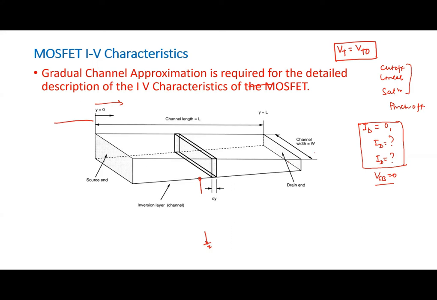This is your source end, this is your drain end. Again, tapering is there, because this is negative, this is positive, and you are applying VDS. So we will calculate the current for this particular region dy, and later on we integrate it to get the current for the entire channel.